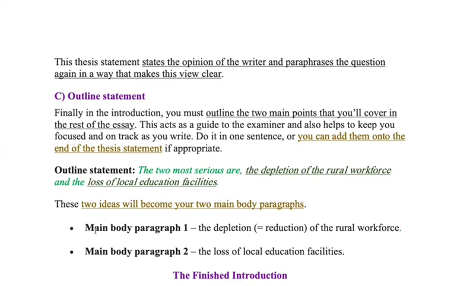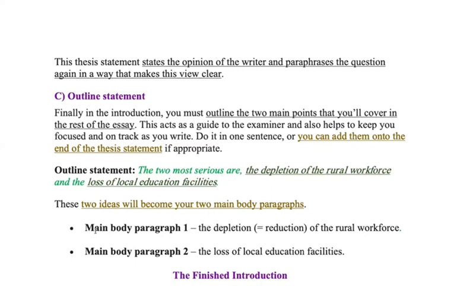Let's have an outline statement example: "The 2 most serious are the depletion of the rural workforce and the loss of local education facilities." So here we have the reduction, the depletion, of the rural workforce. Younger people are the workforce, not the elderly. And the loss of the local education facilities.